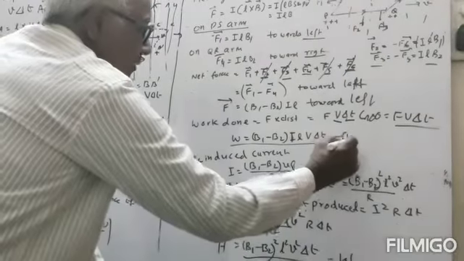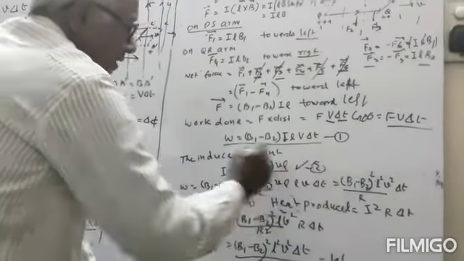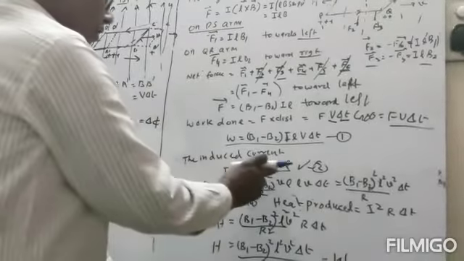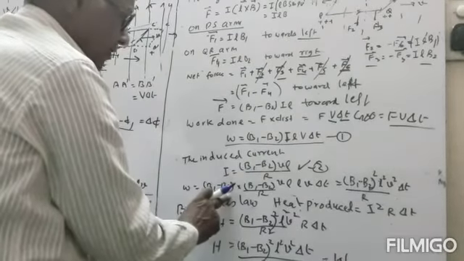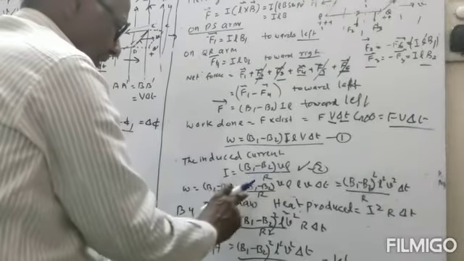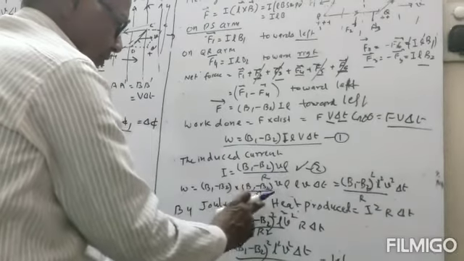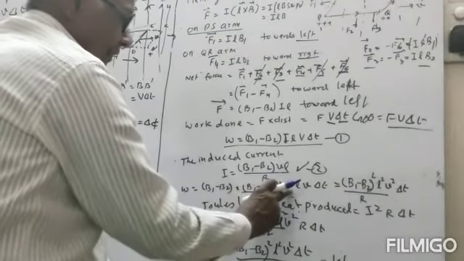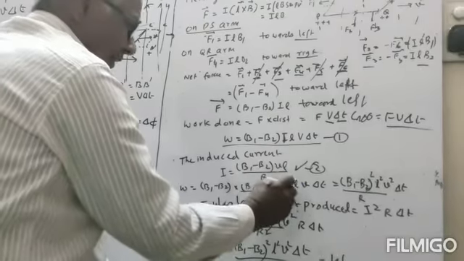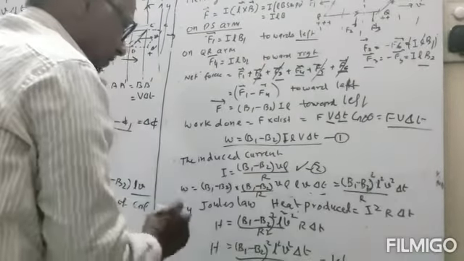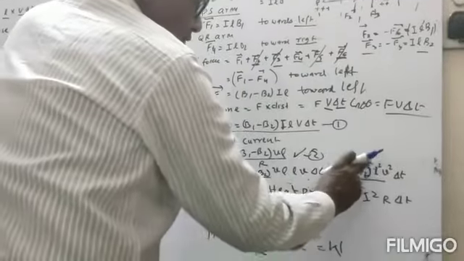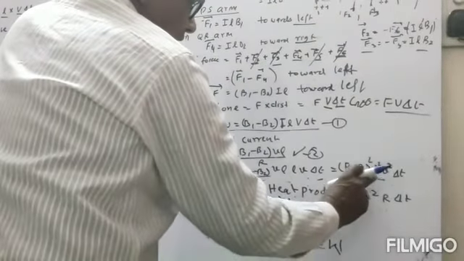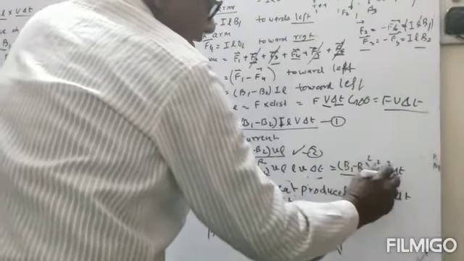Suppose this is equation number 1 and this is equation number 2, then substituting the value of current from 2 into 1, the work done will be equal to (B1 minus B2) squared divided by R, into L squared v squared delta t.